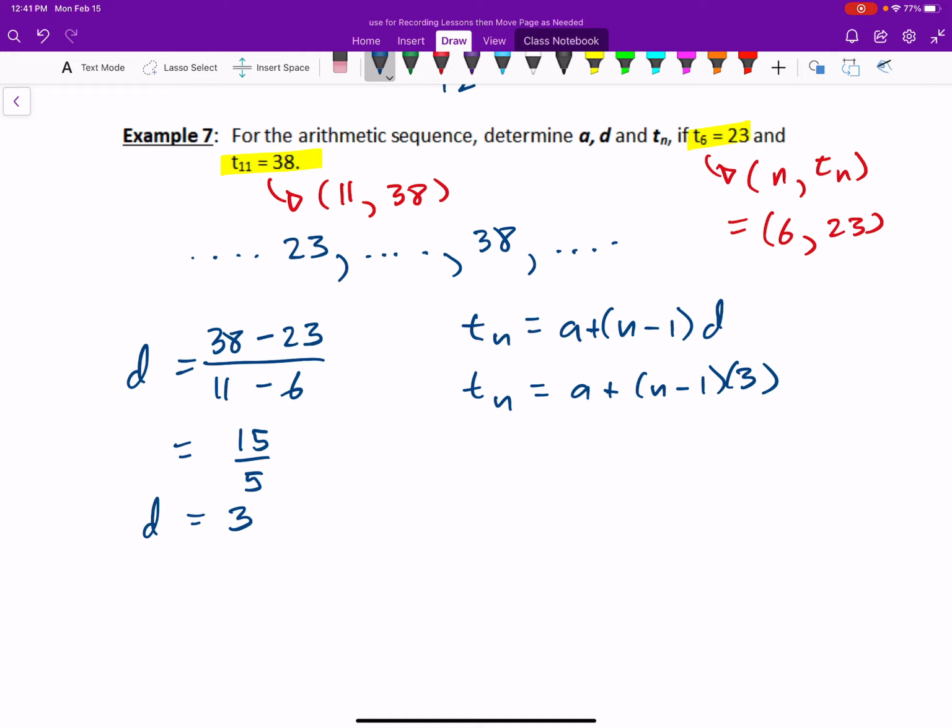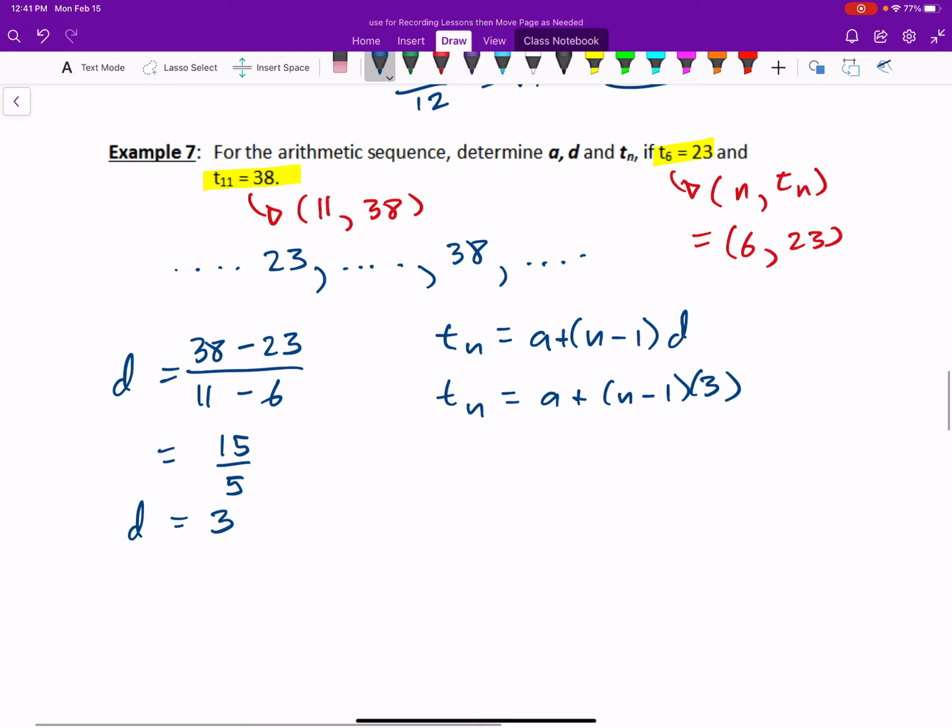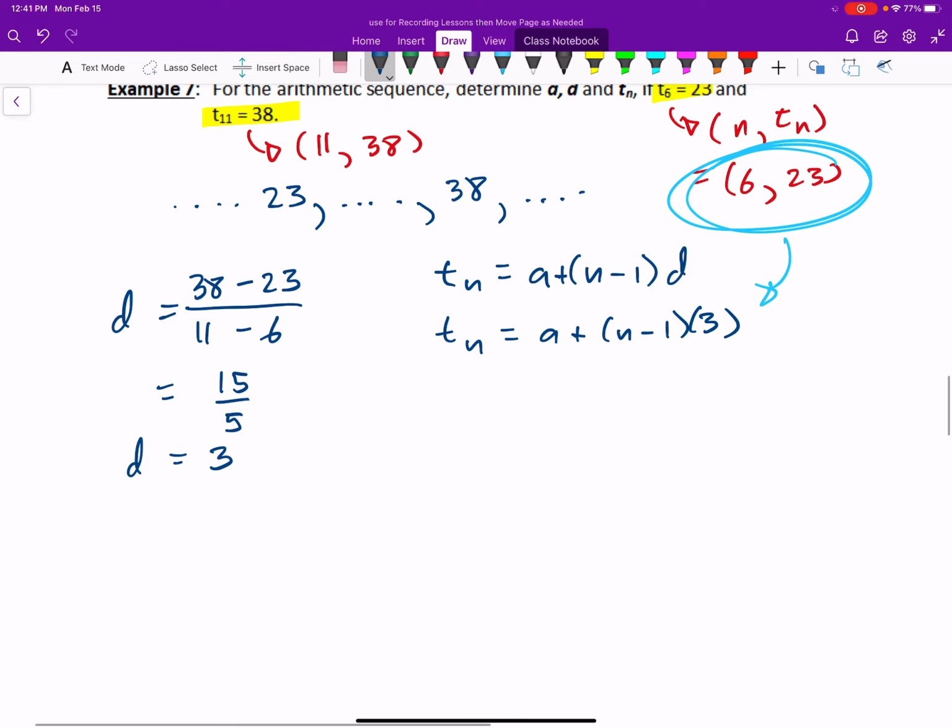If I pick either one of these ordered pairs, just like we do back in grade 9, I can plug in and find out what's missing. So let's say I plug this in for n and t sub n down here. Well, that means that when t sub n equals 23, that has to be the 6th term. And I can solve to find out what a has to be.